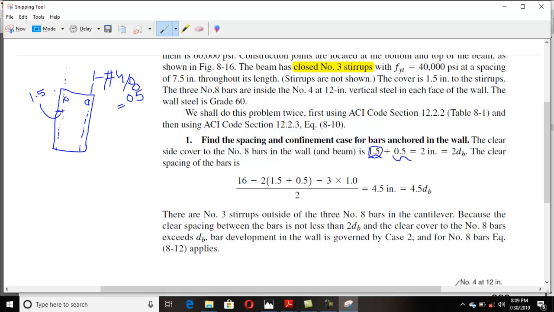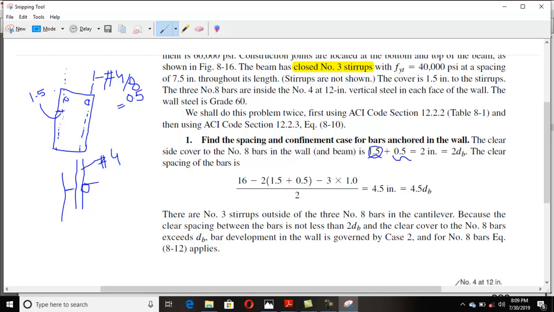If I elaborate the section, this is the wall bar, that is number 4. Okay, this is number 4, and this is the beam face.